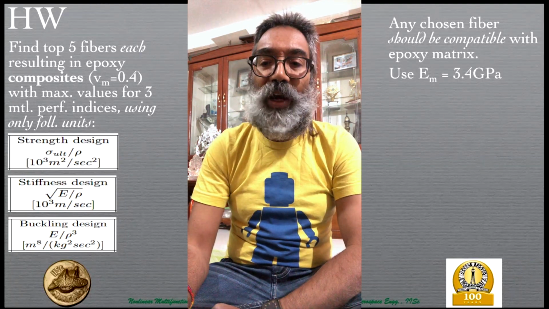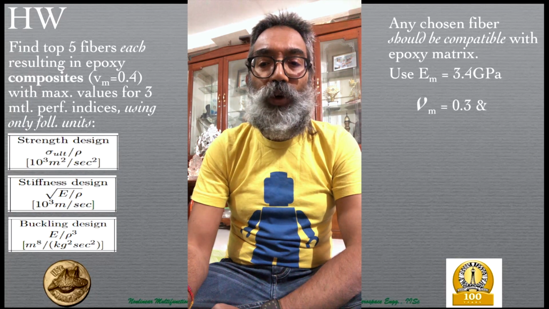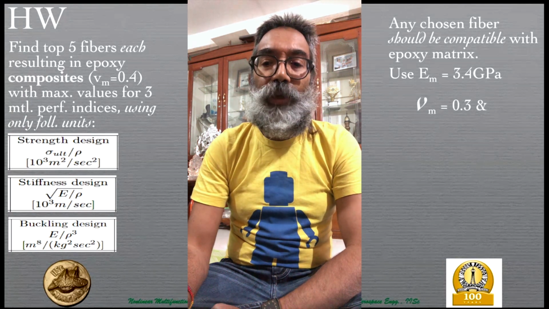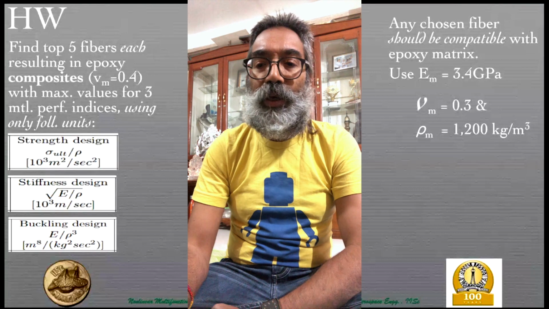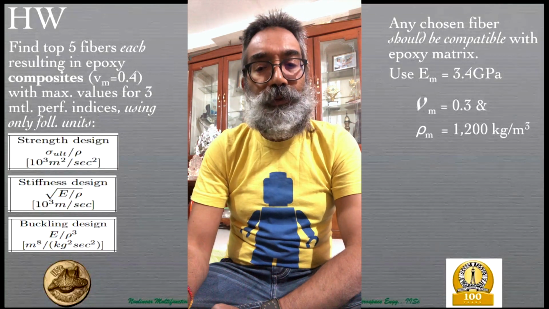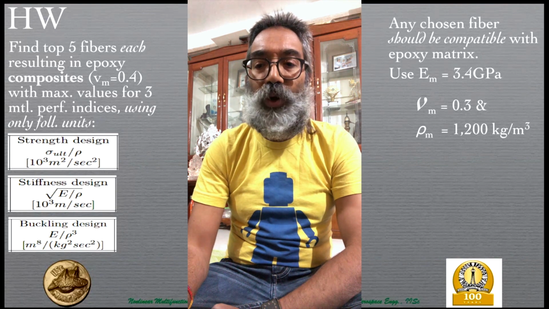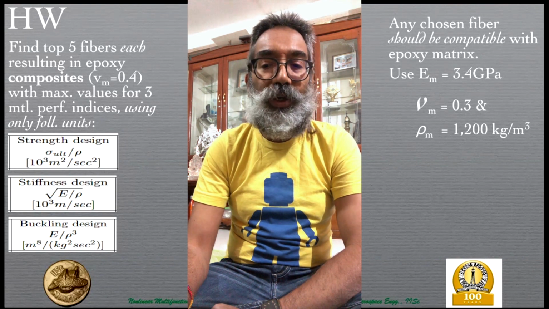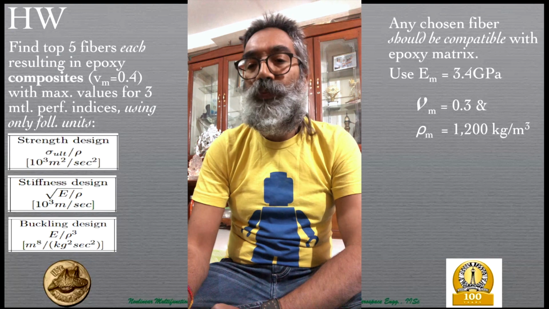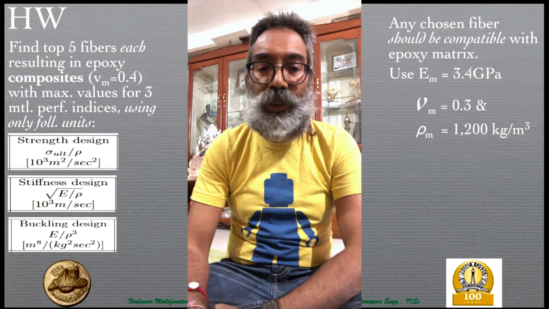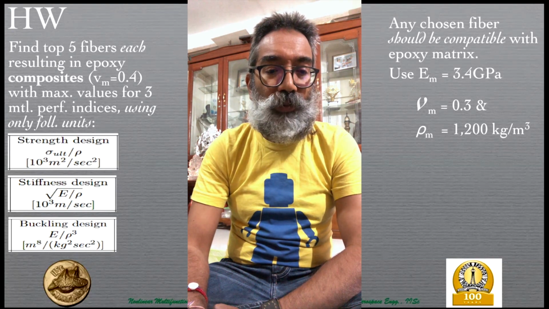So this is what it is, and the properties that you need to use for the matrix, which is the epoxy matrix, would be a Young's modulus of 3.4 gigapascals. The Poisson's ratio would be 0.3, and the density of the matrix, that is epoxy, is 1200 kilogram per meter cube, because you'd need all of these properties in calculating some of these.